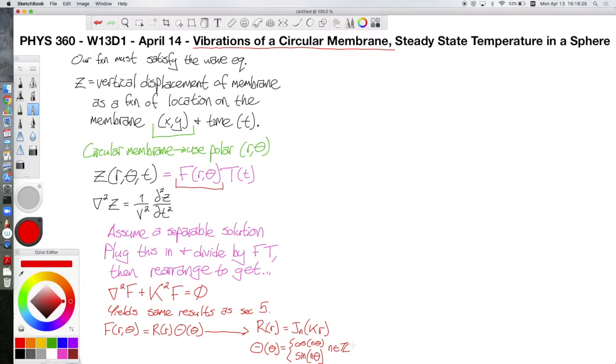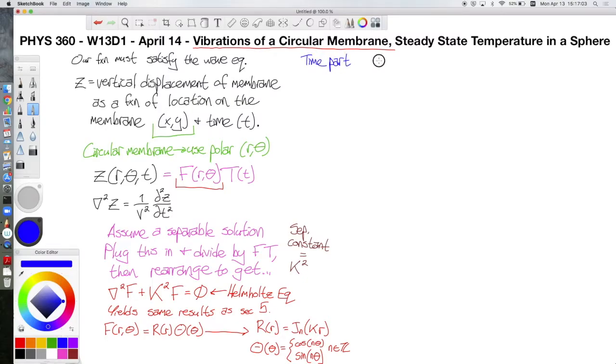Let me label a couple things more here real quick. This is the Helmholtz equation. And I want to add up above that we chose a separation constant of kappa squared. So now on to the time portion of the equation.